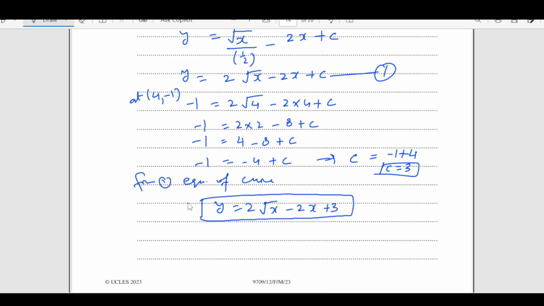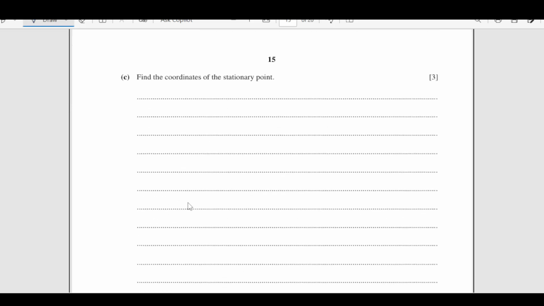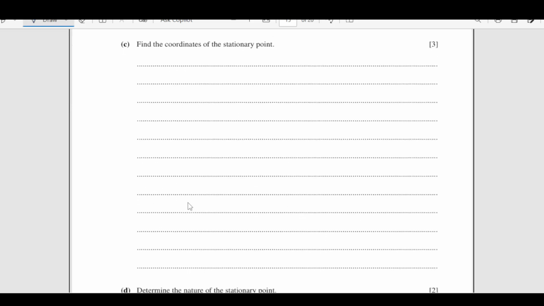Now, let us see the next part, find the coordinates of the stationary point. Whenever it is a stationary point, the gradient at that point is 0. That means dy/dx is 0. This is the clue. So, dy/dx is given to us as x to the power minus 1/2 minus 2, and this is equal to 0.